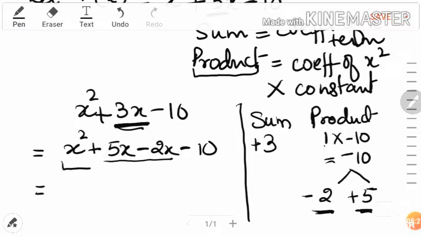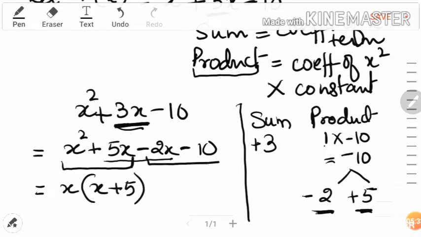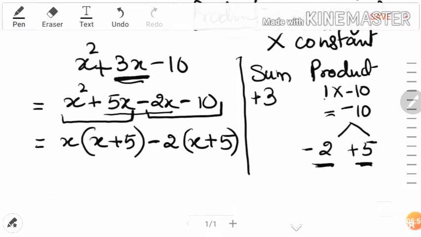Now taking the first two terms, we find common, so we get x plus 5 in bracket. From the remaining two terms also we need to find out a common factor such that the numbers in the second bracket are exactly the same as the first bracket. So if we take minus 2 out, then we get x plus 5 in the bracket.